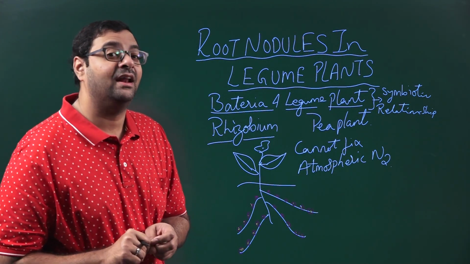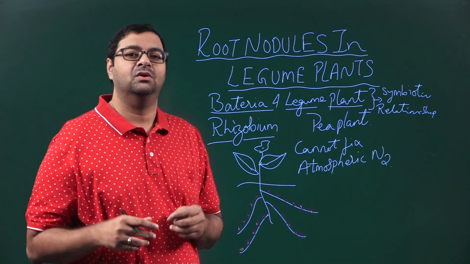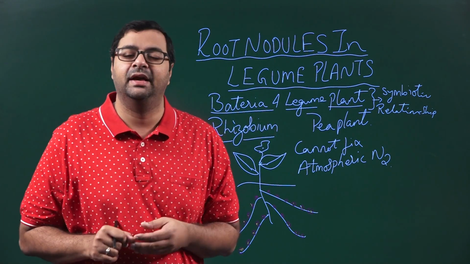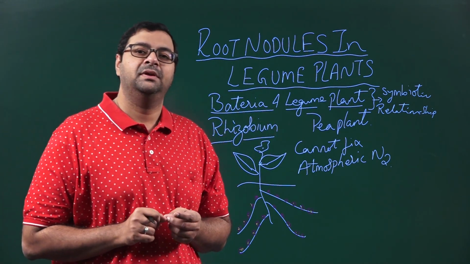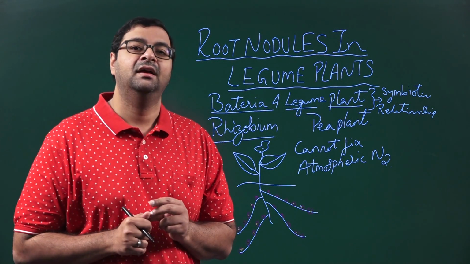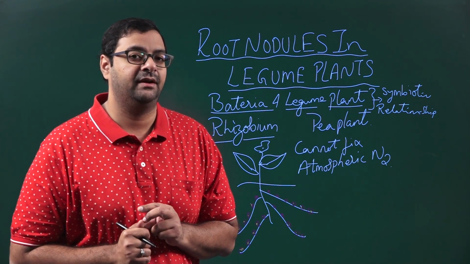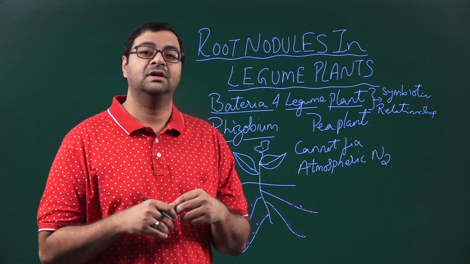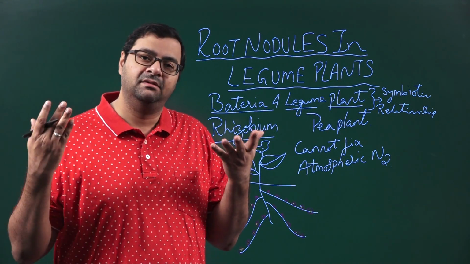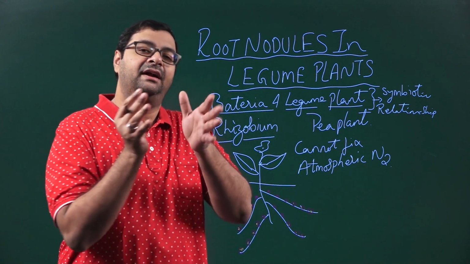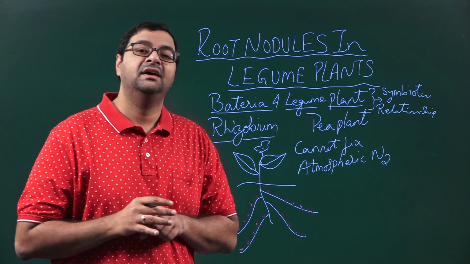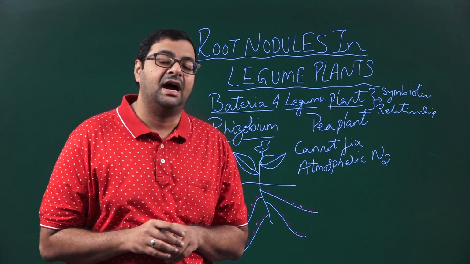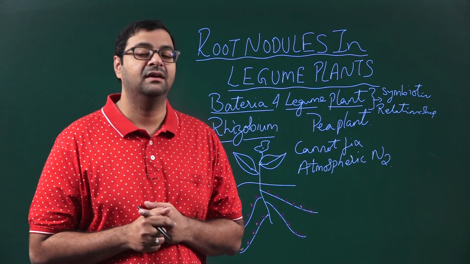Bacteria require shelter, so they come under a symbiotic relationship, a mutual agreement: rhizobium, I will give you shelter; in turn, you fix atmospheric nitrogen for me because I am not able to do it. Rhizobium, because it is getting shelter, gleefully accepts that invite and enters into the root nodule of the legume plant. Then the rhizobium will start fixing the atmospheric nitrogen.